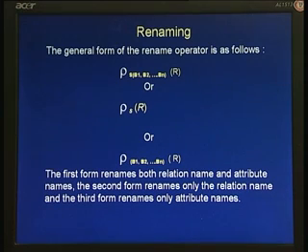And in the third case, where rho has a subscript of B1 to Bn within parentheses, and the input is the same relation R, the renaming happens only on the attribute names and not on the table name itself. That is, the name of the relation remains the same, and the attributes are renamed to B1 to Bn in this case.